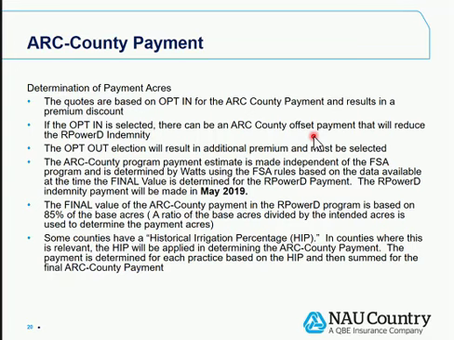You'll get a reduction in your premium, which might make the overall product a little bit more doable on the cost side. If you opt out, you will be paying the full premium, or more than if you opt in, but you'll also get the full RPowerD payment.